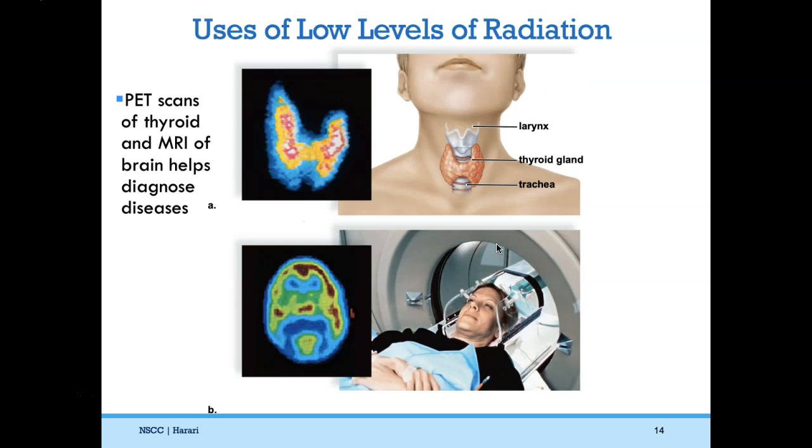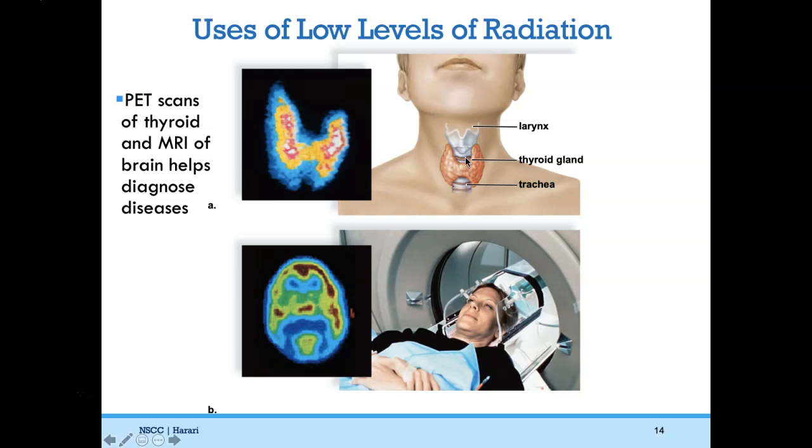We can use some radioactive isotopes at low levels to help diagnose disease. In medicine, we could use radioactive iodine 131 to look at the thyroid, which is the only organ that can take up this radioactive iodine. You could look at an image under a PET scan of the thyroid, and you can see whether it's healthy in structure and function.